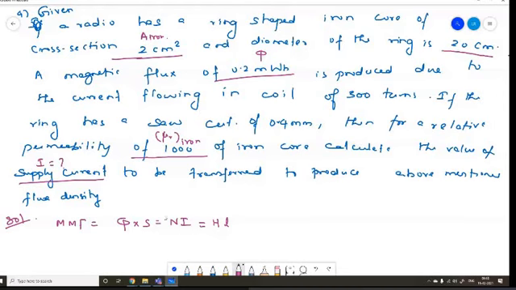But when it comes to questions where you have an air gap as well, or conductors of different cross section areas put together, then you must know that the total reluctance of the circuit will be nothing but the reluctances of the individual elements summed up. So in this case, the total reluctance will be the reluctance of the iron plus the reluctance of the air gap. To find reluctance, I must also know the length.